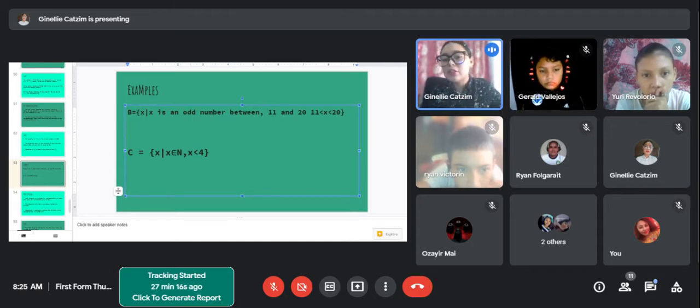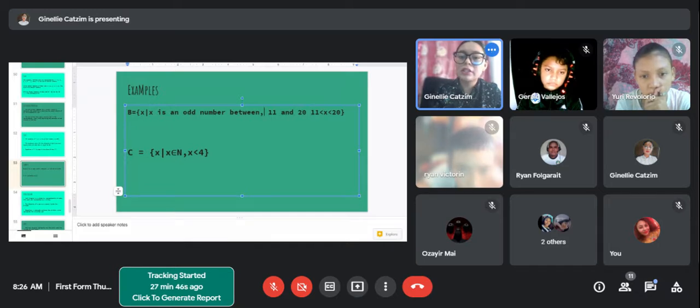But the set builder notation always has that little vertical bar. So in order for you to identify that, you should always have that in your mind. It will have a vertical bar or it will have a colon, just to identify it. It will have like a little description.